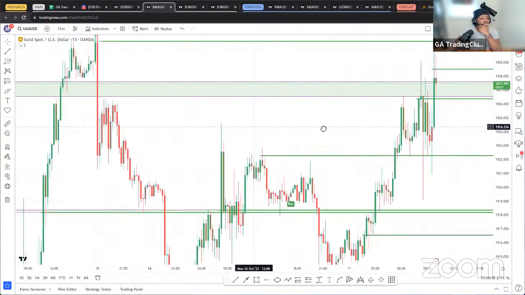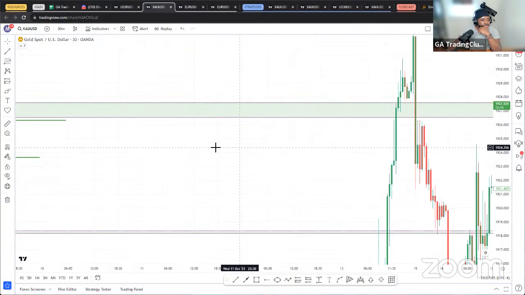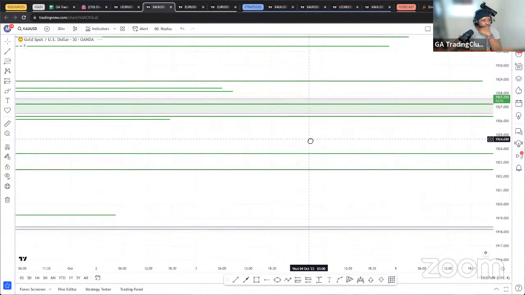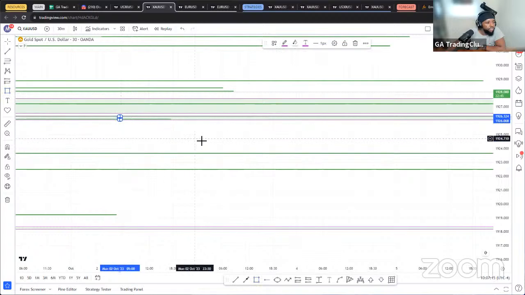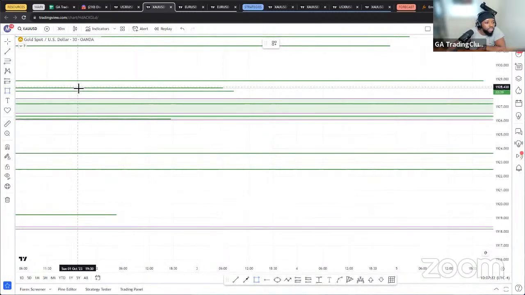Okay, gold, what was this? This looks like it's a double SAR on 30 minutes. Is it a 30-minute? I don't like extending my SARs too far. Just a second, I think this is 30.